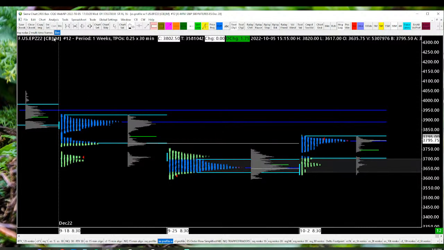And when you have a well auctioned area, you generally see price moving back and forth through it very easily. But if you can get out of the area, it'll end up being support and resistance. So while you're in it, it's very choppy, and you can move from one side to the other very easily. But once you get out of it, it can become support resistance, right?